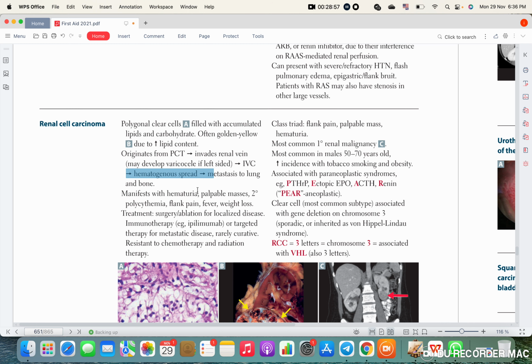The second question, which is important: if I look at the RBCs, will they be damaged and dysmorphic, or will they be intact? Well, here's the thing. In this type of cancer, do you have to go through the glomerulus, or is the cancer after the glomerulus?